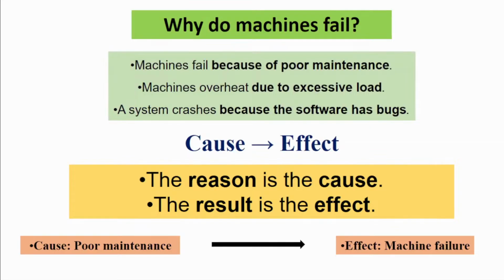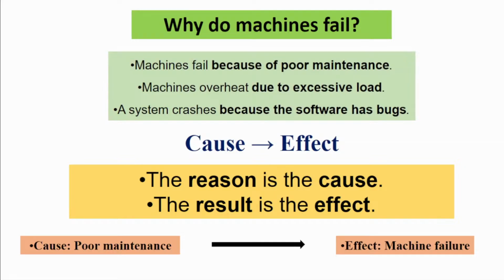So what is the question then? It is why machines fail, right? So machines fail due to these three reasons, right? So this is how it is. The reason is the cause.